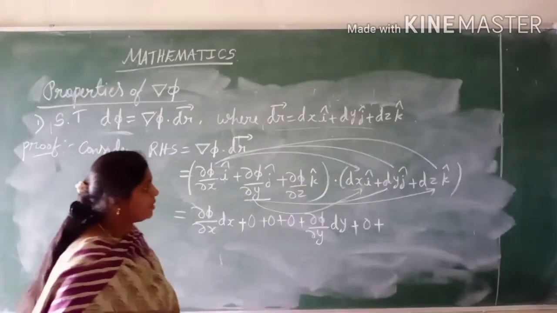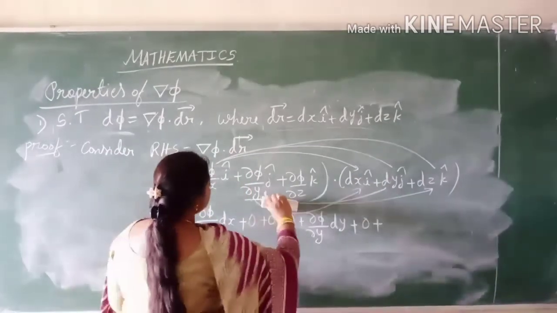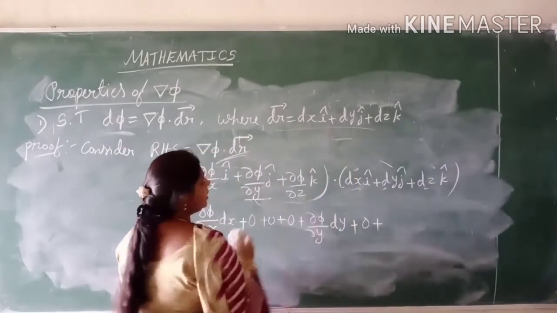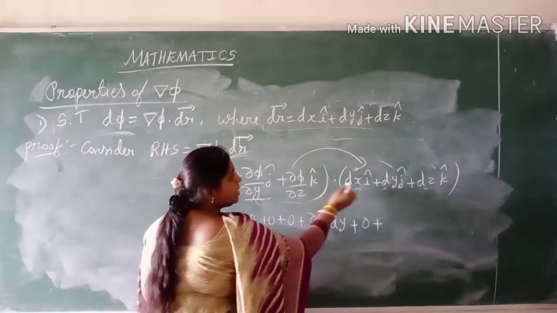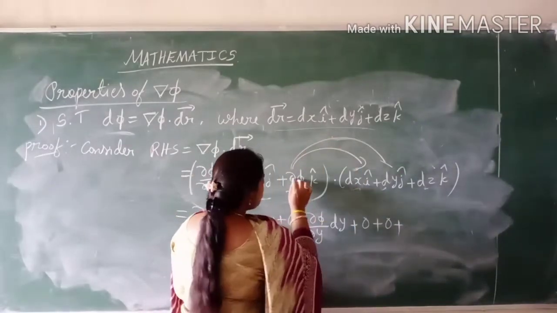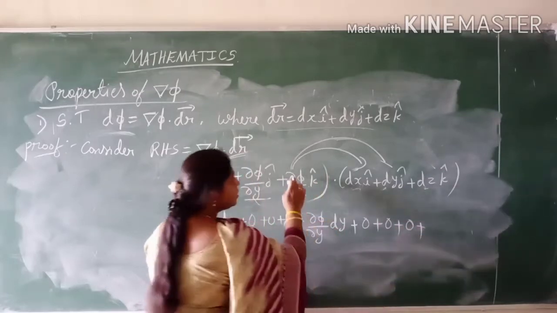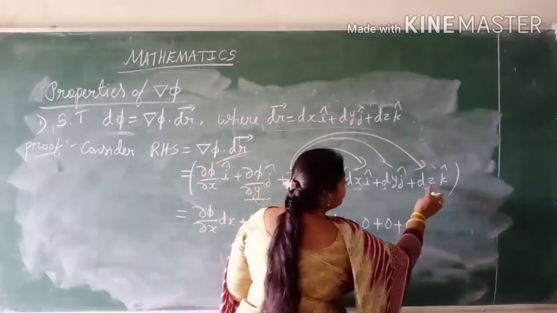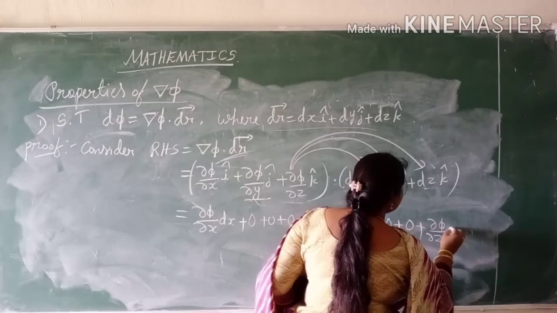Here the second term is over. Next you multiply the third term: dou phi by dou z into dx, k dot i is 0, plus dou phi by dou z into dy, k dot j is 0, plus dou phi by dou z into dz into k dot k is 1, that is dou phi by dou z into dz.